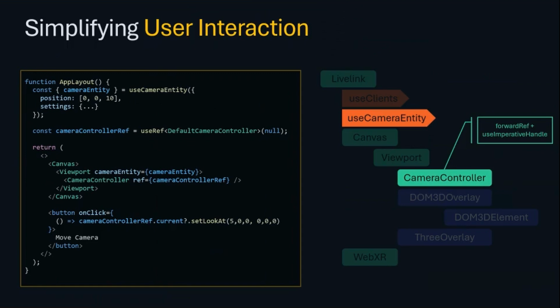And we had a little problem with that because usually applications have a side panel with control buttons where you go to a certain point of interest and then your camera travels around, etc. To do that, you need access to the camera controller. But accessing that camera controller, as it's nested inside the viewport, was cumbersome. You had to create a state inside the controller and have a callback. It was a mess.